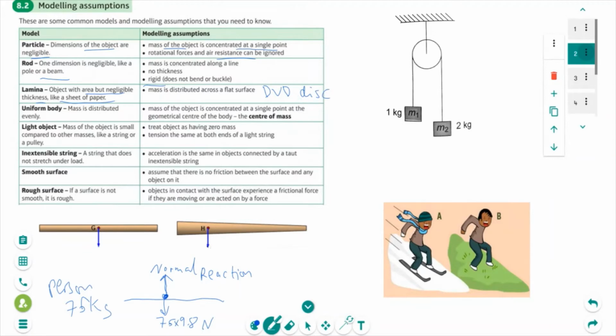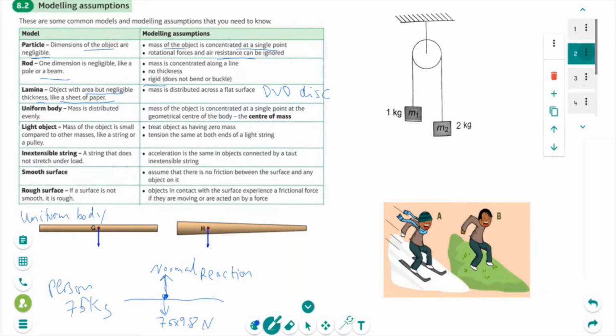Okay, uniform body. On the bottom you've got these two sticks. The one on the left is like a baton. This would be called a uniform body, because it looks very evenly constructed.